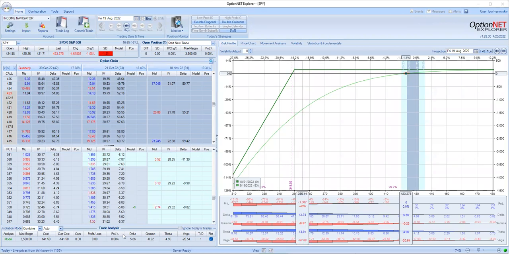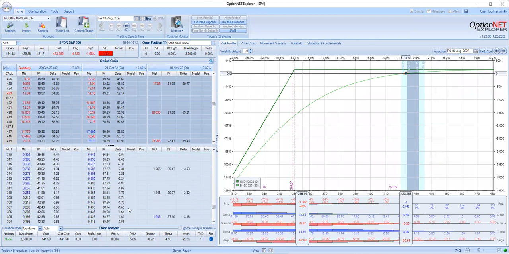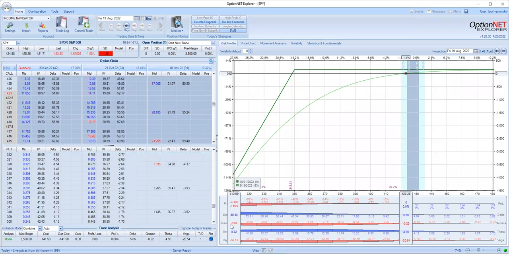So for $1,000, if we're selling a 350 put, we're going to buy a wing to make our buying power requirement for a spread $1,000.